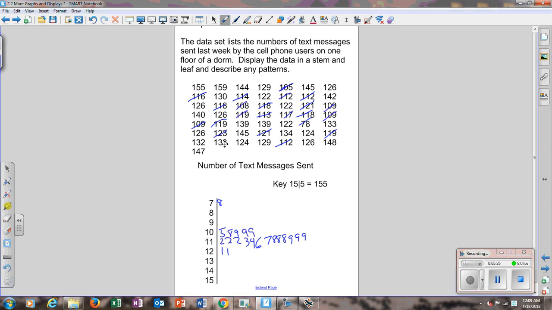There's a 123. There's two 122s. Two, two, three. 124s. There's a 124. Oh crap, I missed a 122.